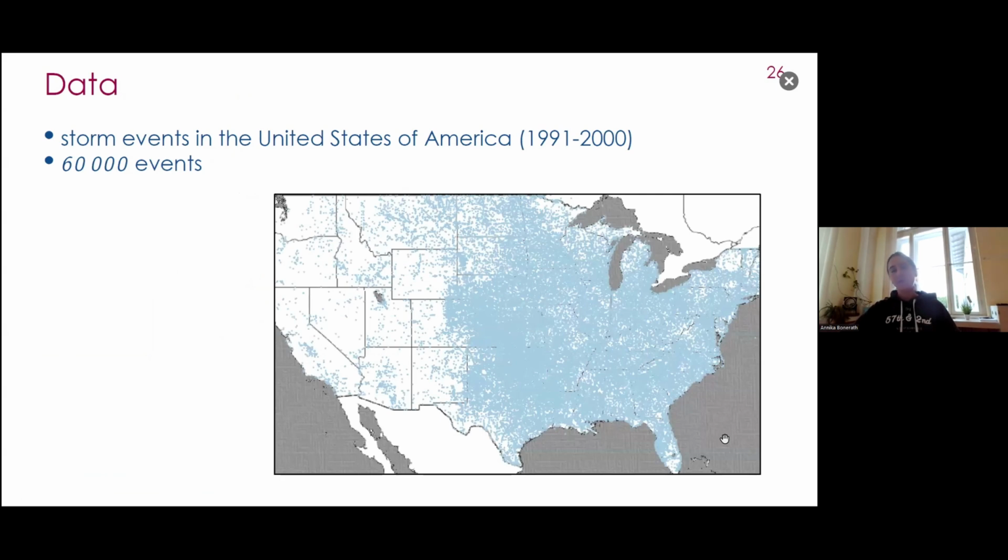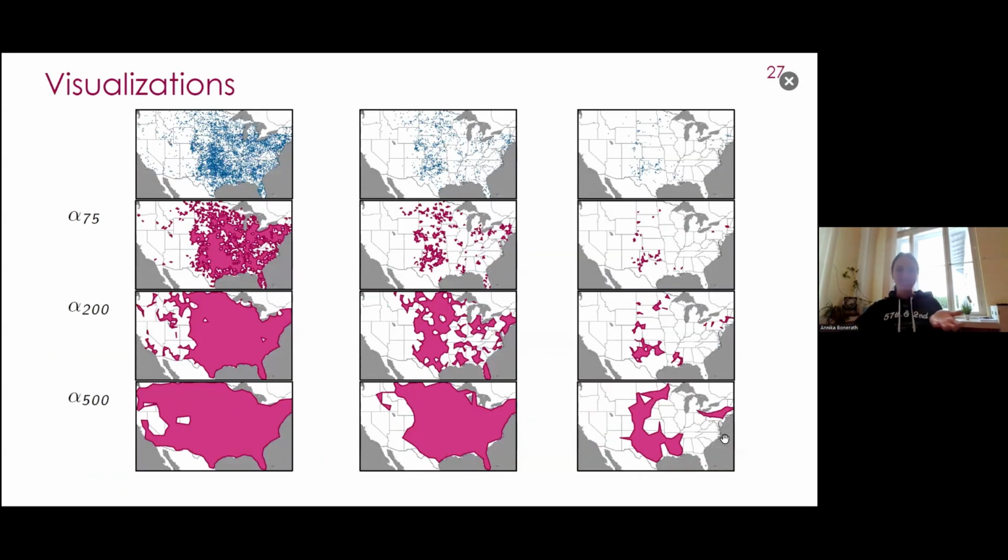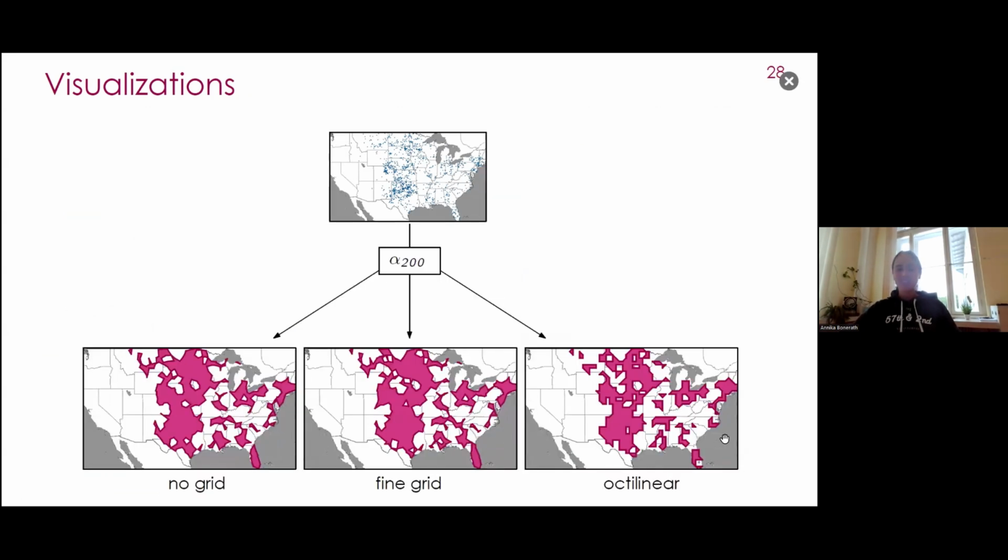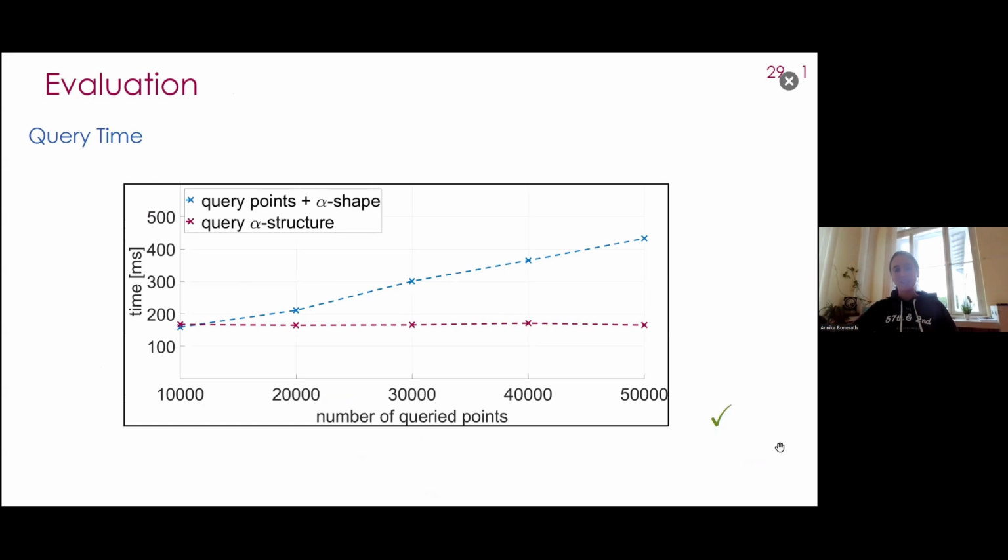We experimentally evaluated this approach with this data set of storm events in the United States of 60,000 events. And here are some of the nice visualizations that came out of this project. Some visualizations with the octilinear, meaning here we have a restricted set of directions that are allowed, and also some evaluation of the query time on this experimental data set.